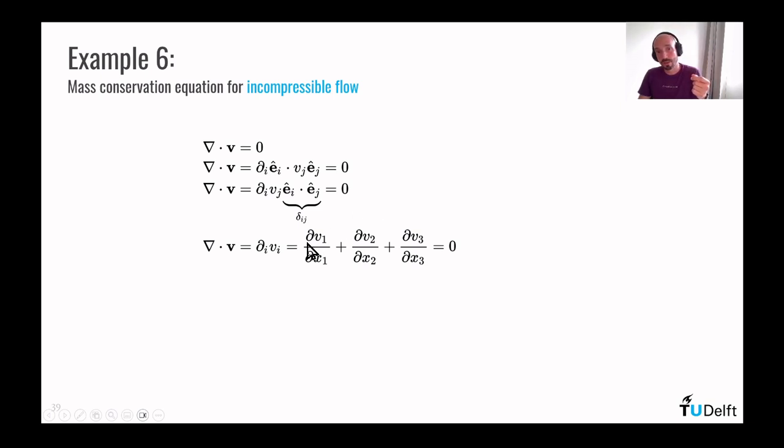If we do this, we get this result: the partial derivative of v1 with respect to x1 plus the partial derivative of v2 with respect to x2, and so on. And this is equal to 0. Okay. This would be the mass conservation equation for incompressible flow using Einstein notation.